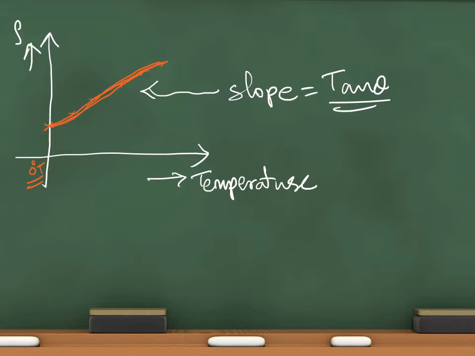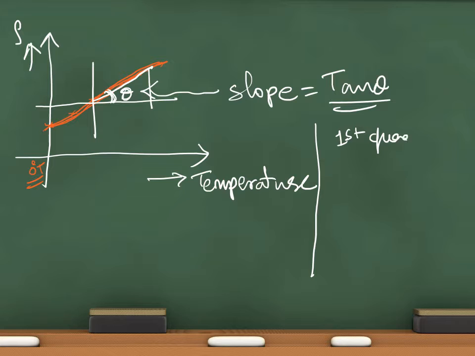Okay, and if I measure a theta here, what will this one be? It is a first quadrant. In trigonometry, for the first quadrant, x is positive and y is positive.